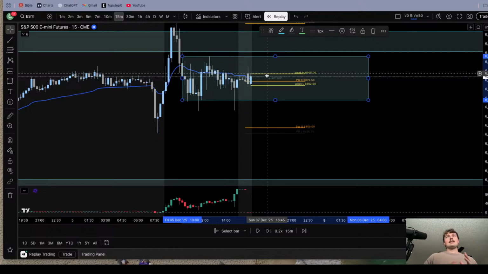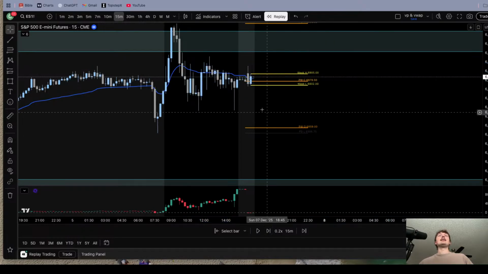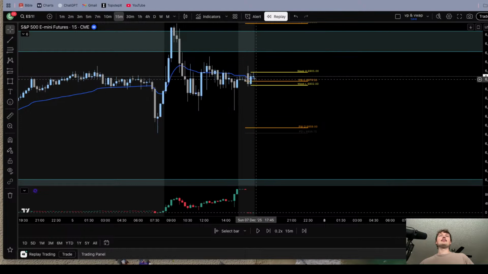Now, again, some people base their entire strategy off of that. For me, it's a mixture of all these different kinds of strats, right? So we'll see where we kind of pick off here. All right. And again, the Sunday just opened, so we got to give it some time here too.